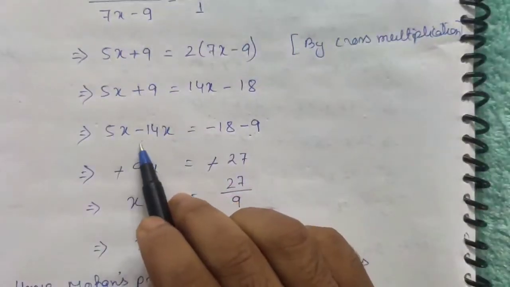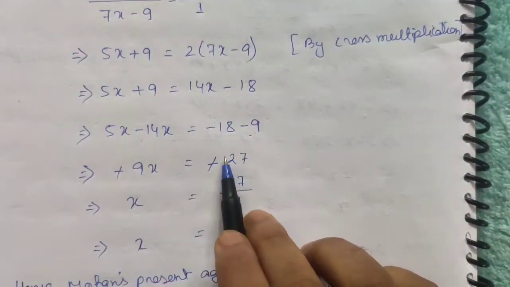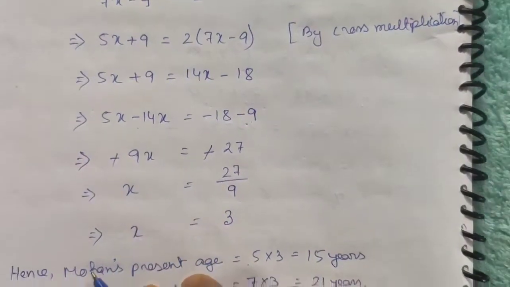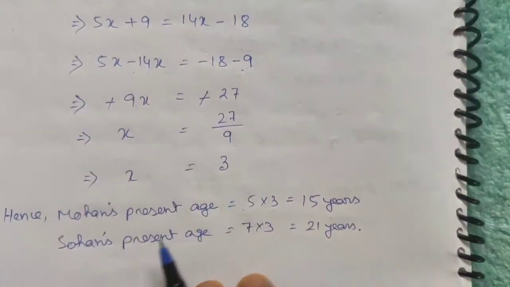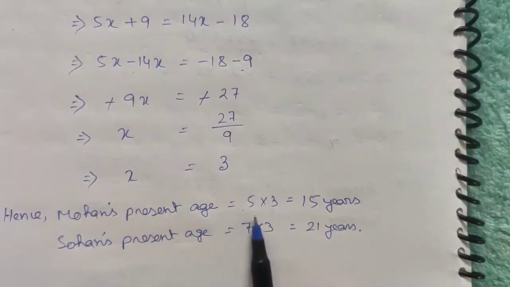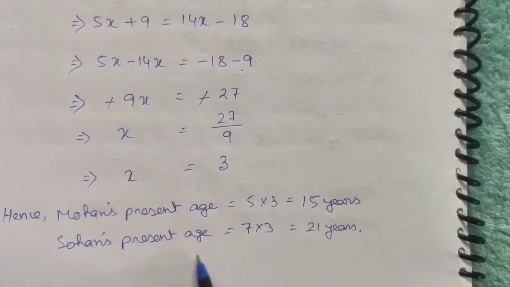So 5x minus 14x is minus 9x, and minus 18 minus 9 is minus 27, minus minus got cancelled. x equals 27 divided by 9, x equals 3. Hence Mohan's present age was 5x, that is 5 into 3, 15 years, and Sohan's present age is 7 into 3, which is 21 years, right?